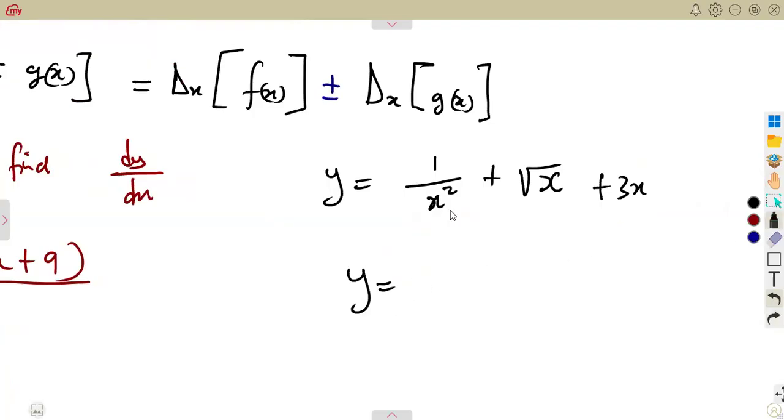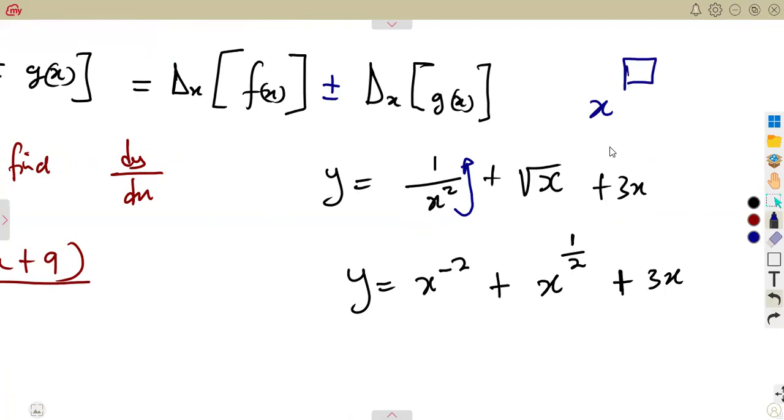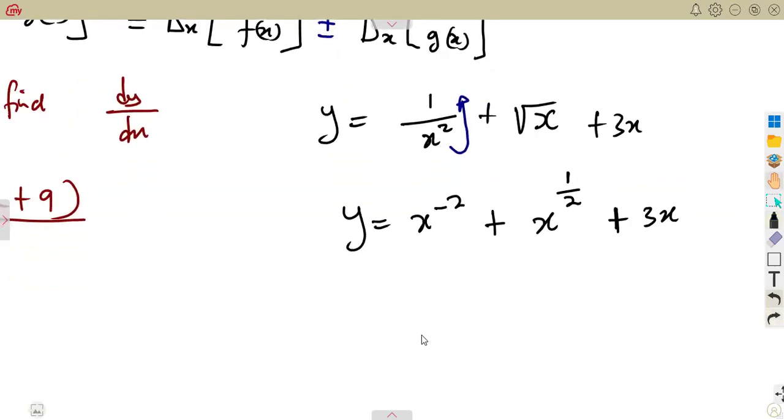From our laws of exponents, this can be taken up, but it must carry a negative exponent. The square root of x from our laws of exponents, again, that is x to the exponent of a half. We are still just rewriting to have the format x raised to a certain power. That is the condition. Once that appears, we can differentiate now.